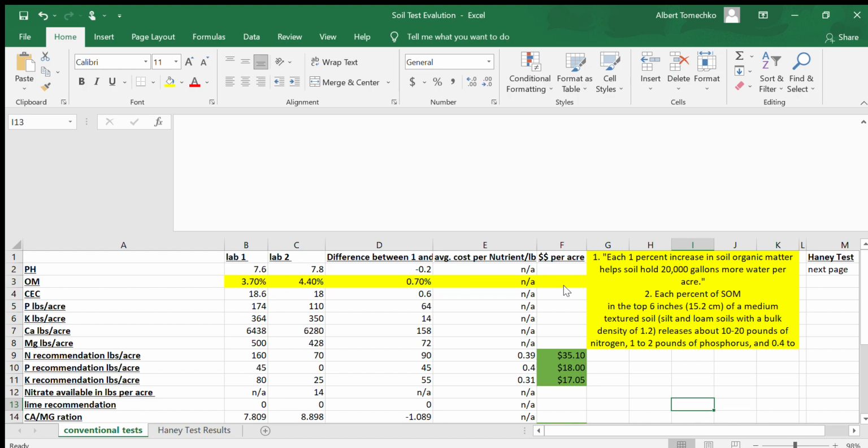The organic matter percentage in the Haney soil test came back at 4.6. That is a little bit troubling to me because, as you see, lab 1 came back at 3.7. Now again, I have another video showing how I pulled these samples, but it was really controlled using a soil probe. 3 different holes were taken right next to each other.